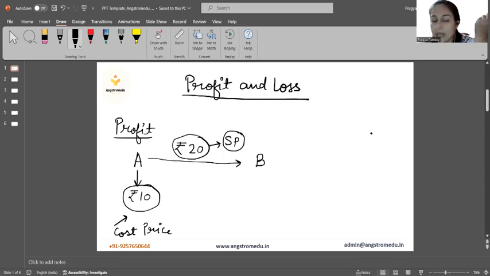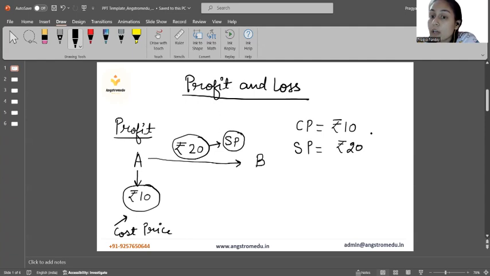First is the cost price, that is 10 rupees, and second is the selling price, which is 20 rupees.